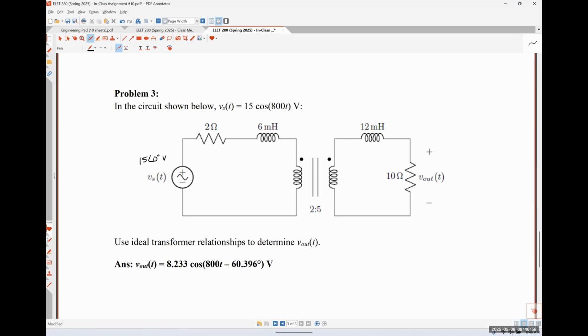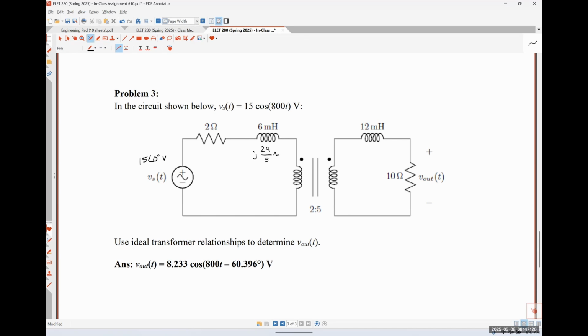So what's omega here? 800, okay. So 800 times 0.006 comes out to be 24 over 5J. Okay.